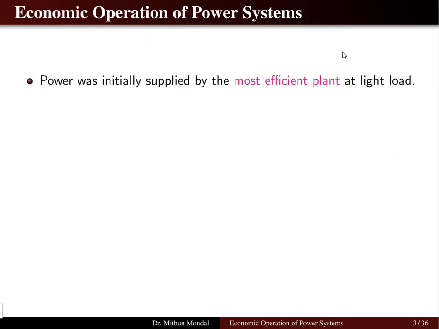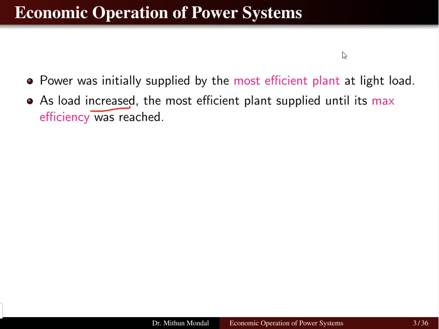Economic operation of power system. Power was initially supplied by the most efficient plant at the light load condition. So if the load is light, then the power was supplied by the most efficient plant, because you may have different plants, whether it is a hydroelectric power plant or a nuclear power plant, that is producing the power.